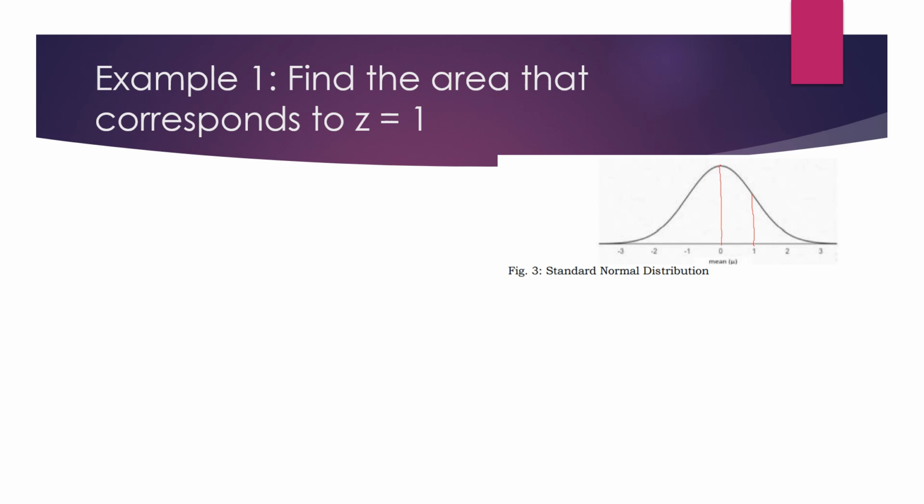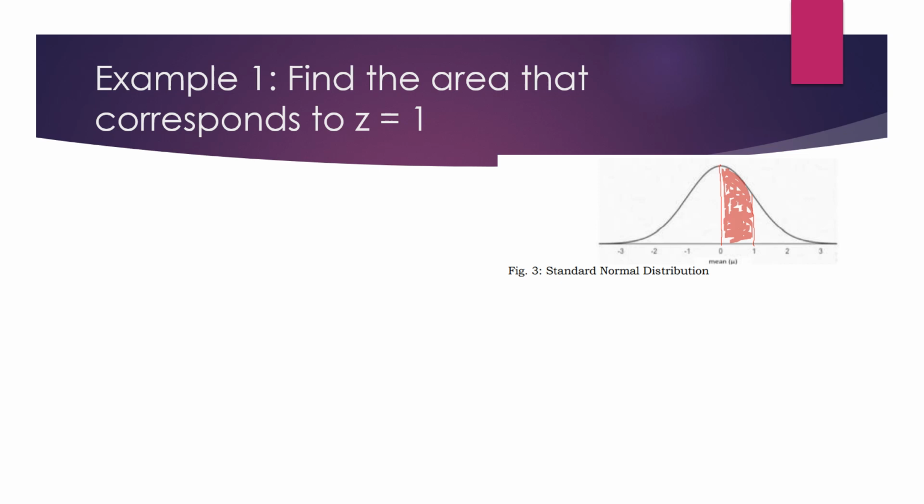So what we're asked to find is this given area. What is the area of this shaded region? Z is equal to 1.